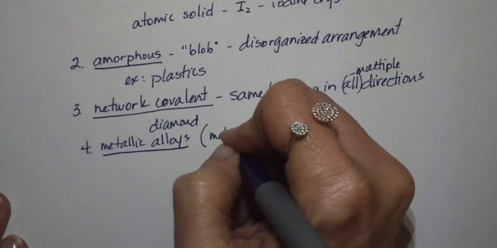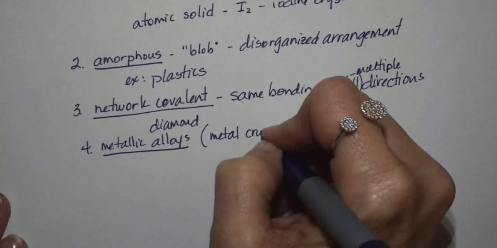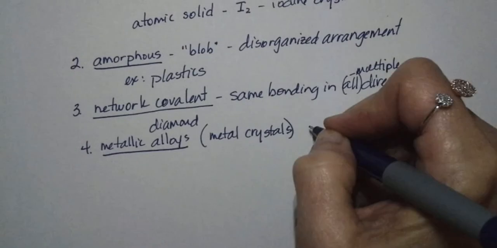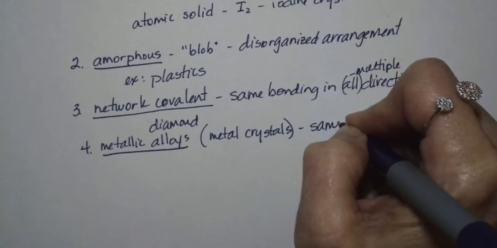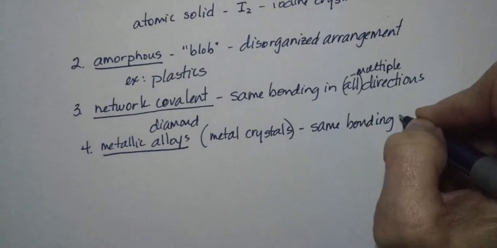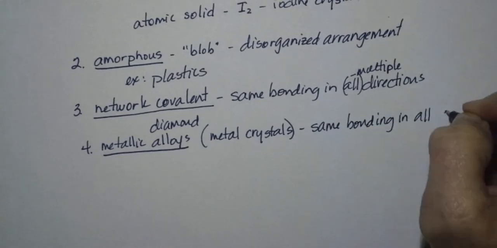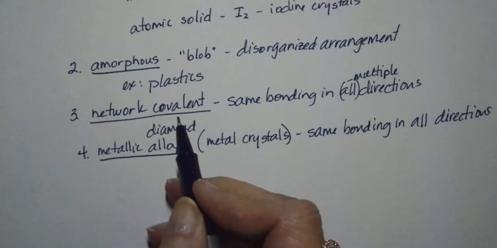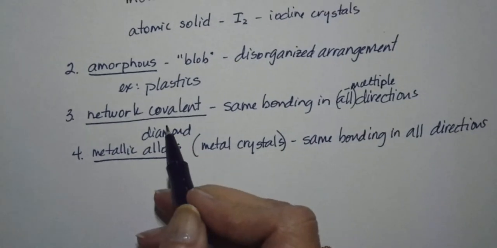Really strong. But it's going to be between metals. So here you have it between covalently bonded atoms or molecules. Here you have it between metallic stuff. It could be the same metal all the way through, or, since they use the word alloy, they're going to have another metal mixed in with that.